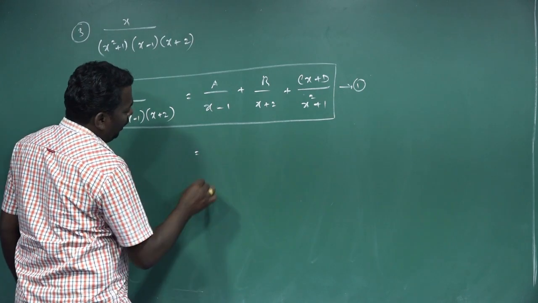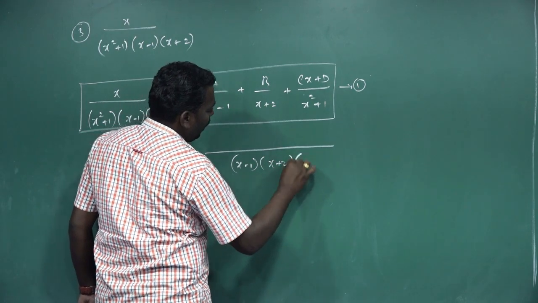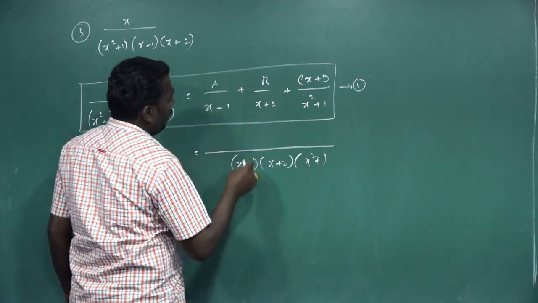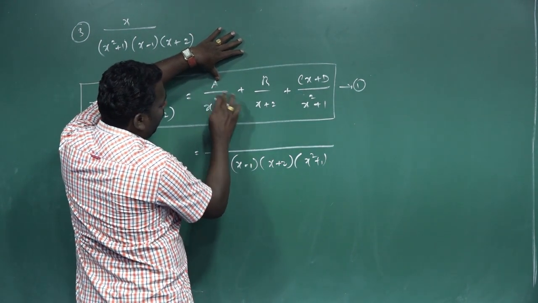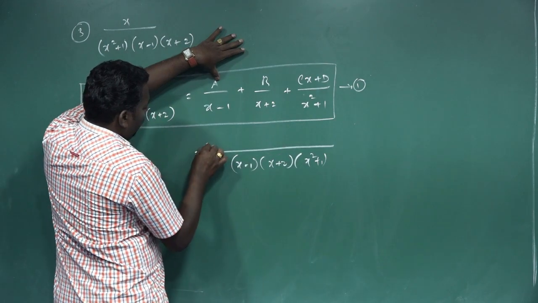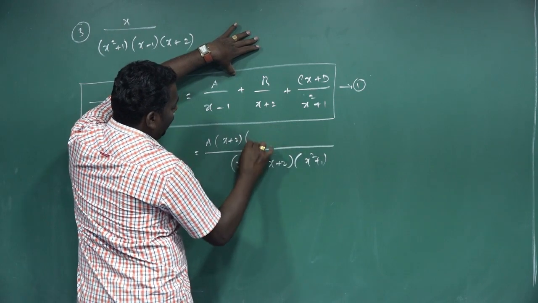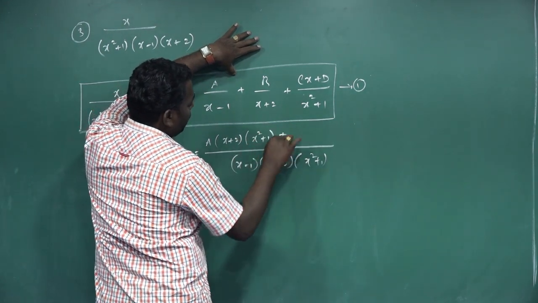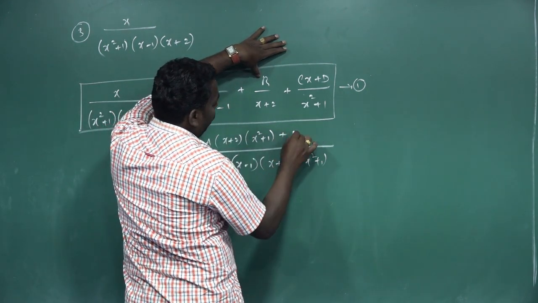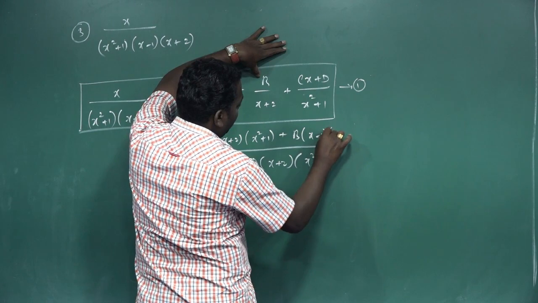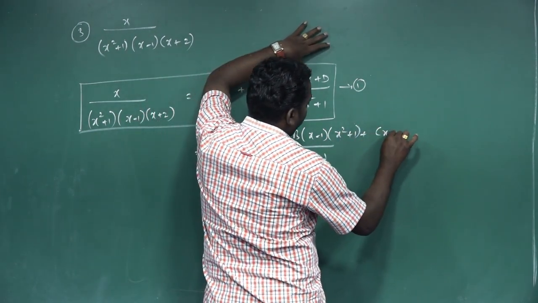Now taking the common denominator, the common denominator x minus 1 into x plus 2 into x square plus 1. We have to multiply the terms: a with x plus 2 into x square plus 1, plus b multiplied with x minus 1 into x square plus 1, plus cx plus d.